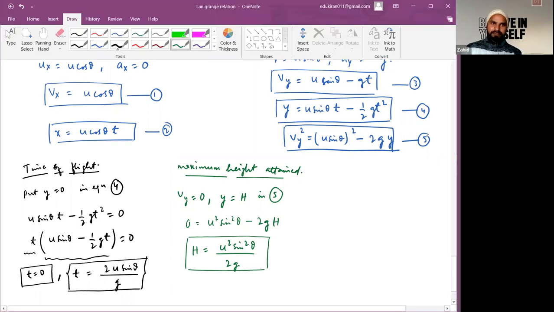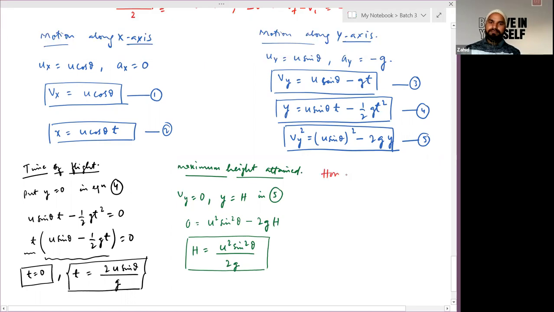Similarly, we may find horizontal range. Total horizontal distance traveled by the body from point of projection till hitting back to the ground. So put x equal to r and t equal to time of flight in equation 2.